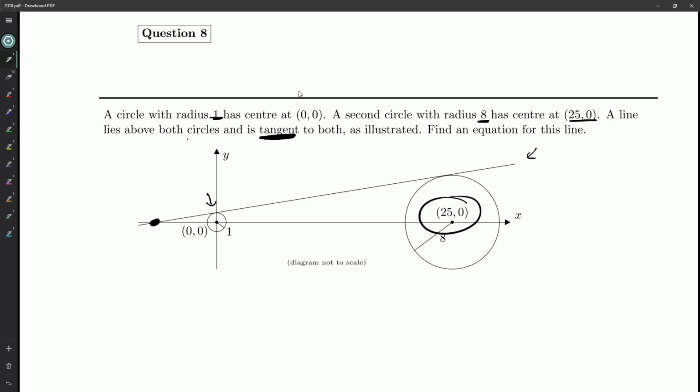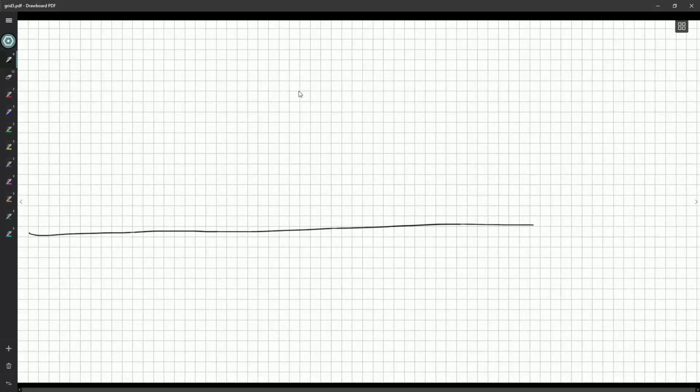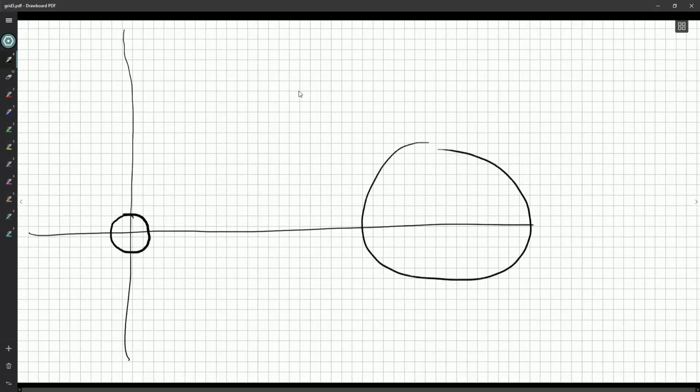Okay, so let's draw a copy of this picture for ourselves and see what we can see. I'll draw a big one first, and then we might zoom in where we need to. So radius 1 at the origin, and then a bigger one further down the line.